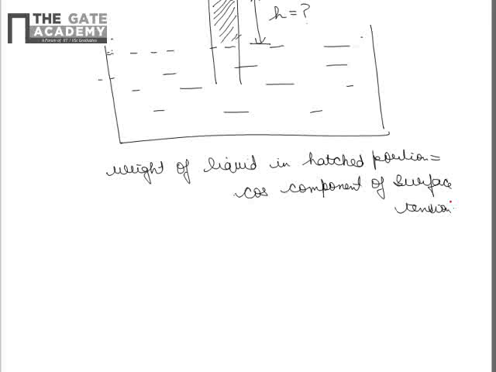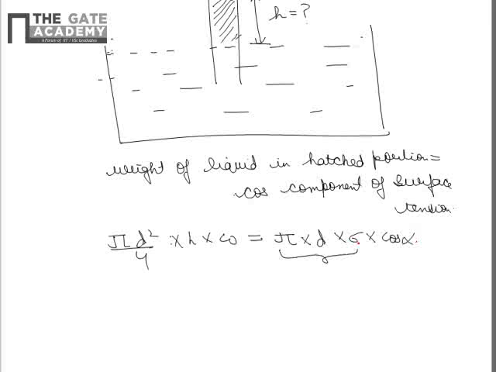Now if we write this weight of liquid as pi d square by 4, because it is the cross sectional area, multiplied by height, multiplied by omega or gamma, which is the unit weight of this liquid, it should be equal to pi into d into sigma into cos alpha, because pi d is the surface area along which surface tension will be acting, and we are talking only about the cos component or vertical component of surface tension.